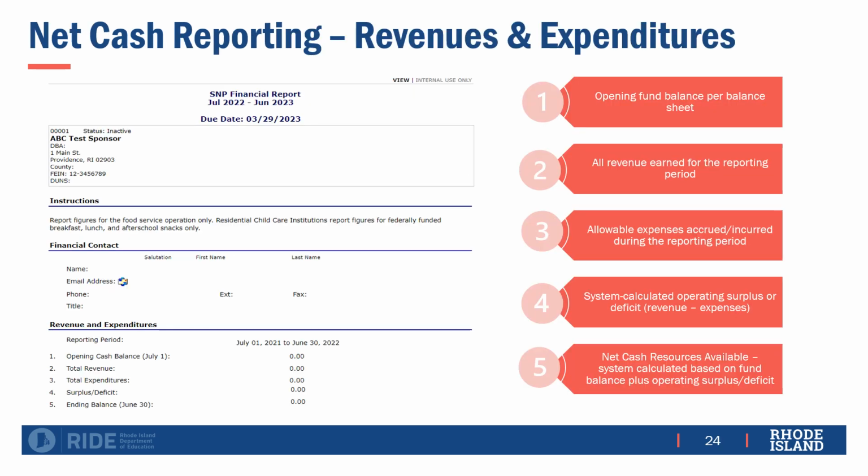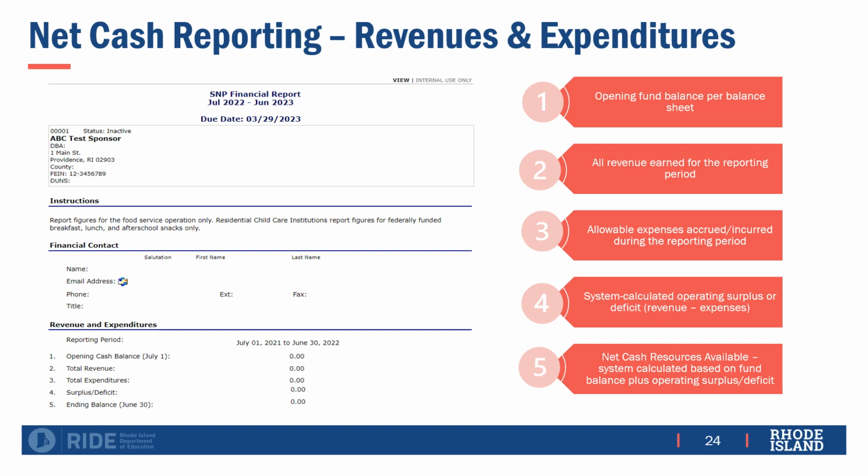In order to provide sufficient oversight of net cash requirements, RIDE collects the SNP financial report in our CMP Connect online application and claims management systems on an annual basis. Generally, RIDE will ask SFAs to complete an SNP financial report sometime in late fall to report the most recently closed financial period ending on June 30th.